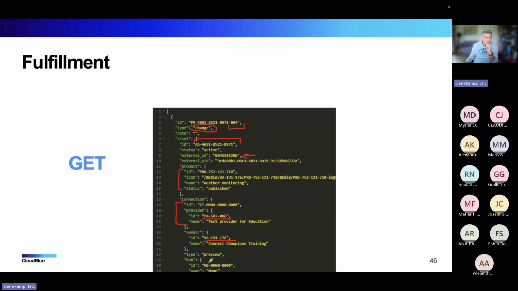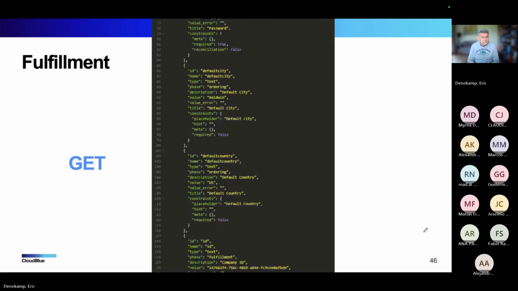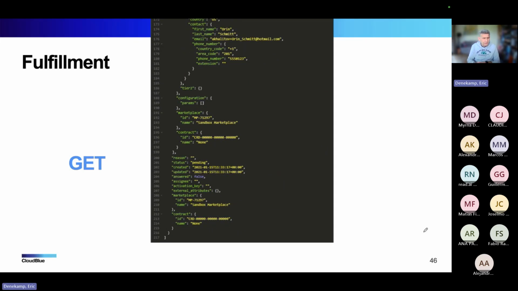I also see that this is a preview. This is not a live scenario. A lot more information. At the end, what is interesting is that it gives me for which marketplace this request seems to be coming.